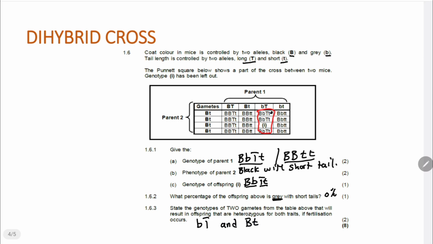We simply take them from the diagram. So this one was made from this one at the top, and also that one. So this genotype that is heterozygous for both traits is a combination of this gamete and that gamete. The same will also apply for any individuals in this line. It will be the same. So this is my answer.